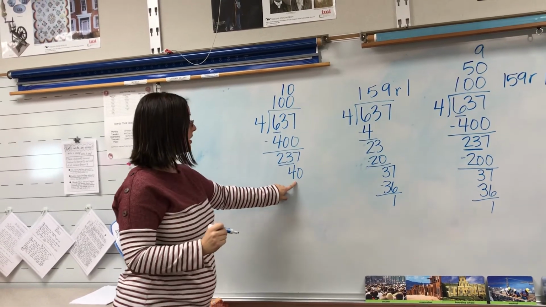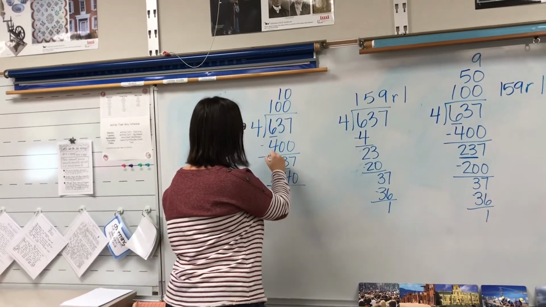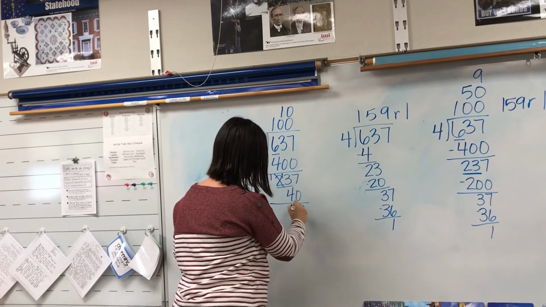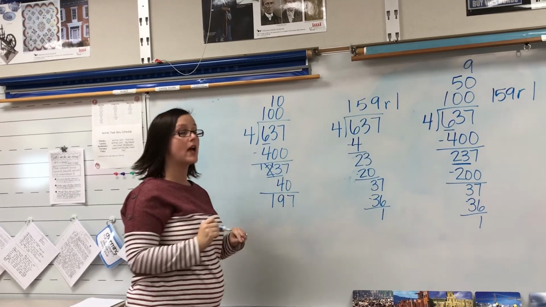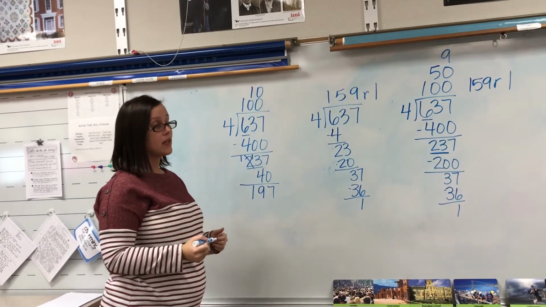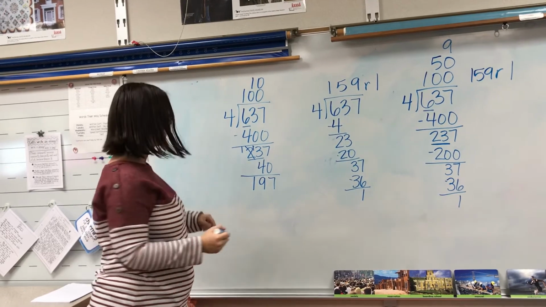Now, you might be thinking, holy cow, they're going to go through this problem and it's going to take a really long time to go this route. And you're right, it is going to take a really long time to go this route. But they can still get to the same answer. So until they get more familiar with those base facts, this might be the route they have to go.